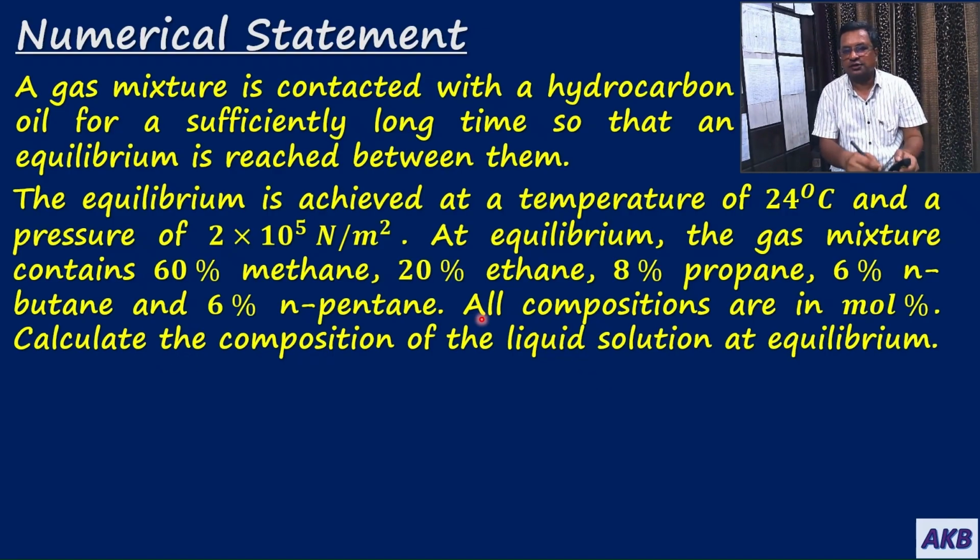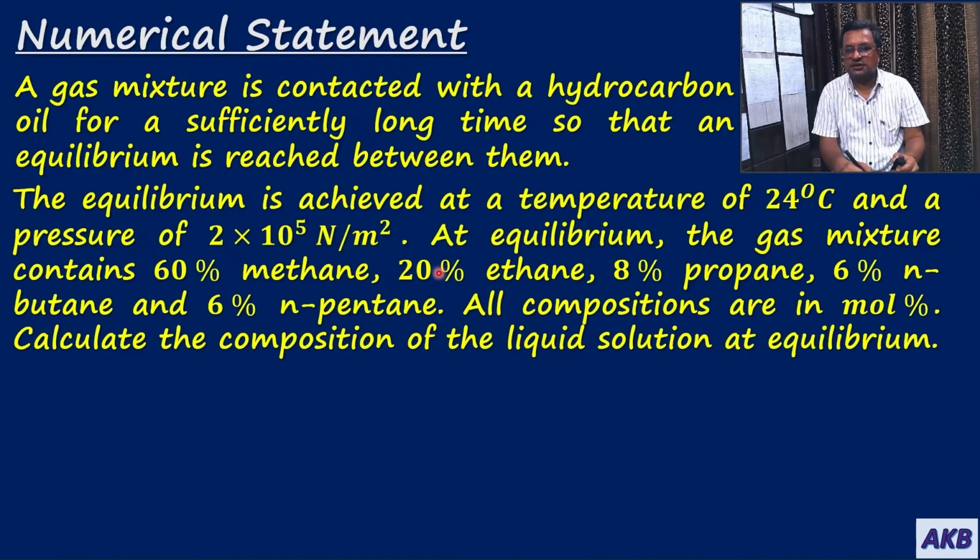You have a gas mixture that is contacted with a hydrocarbon oil, and they are kept in contact for a sufficiently long time so that an equilibrium is reached between the two phases. The equilibrium is reached at a temperature of 24 degrees Celsius and a pressure of 2 into 10 to the power 5 Newton per meter square.